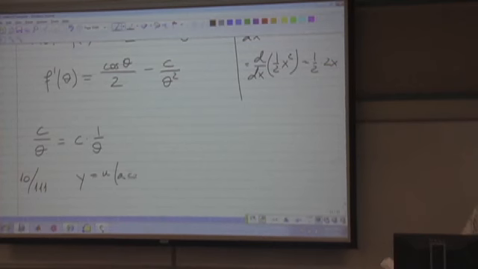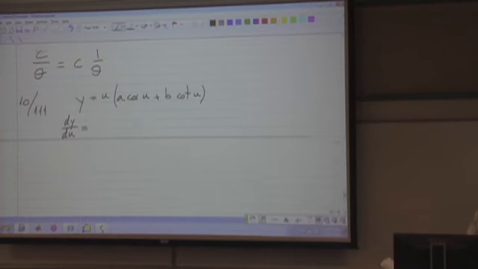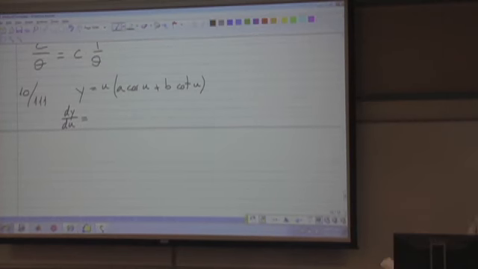u times the quantity A cosine of u plus B cotangent of u. We're supposed to find the derivative of y. What is our variable? On the same token as before, it only makes sense that the variable is u, otherwise it would be rather lame. So what should we observe?